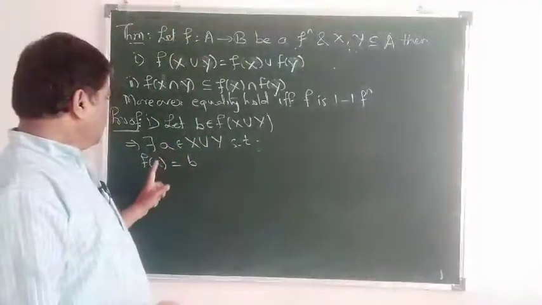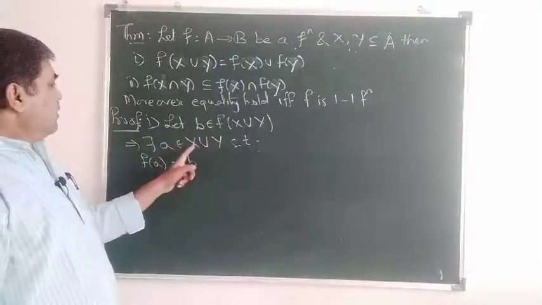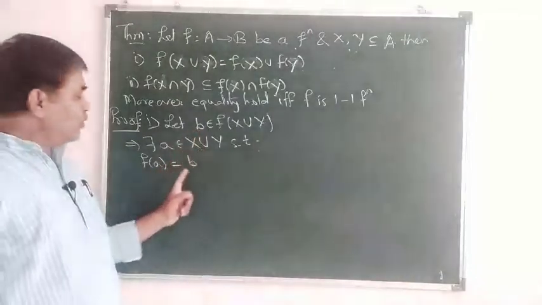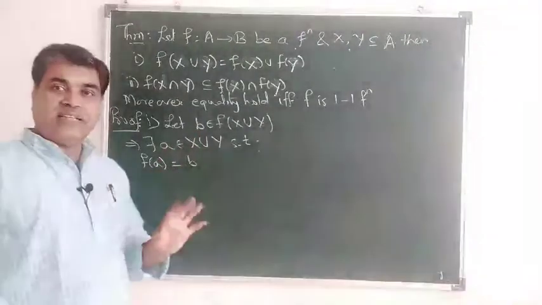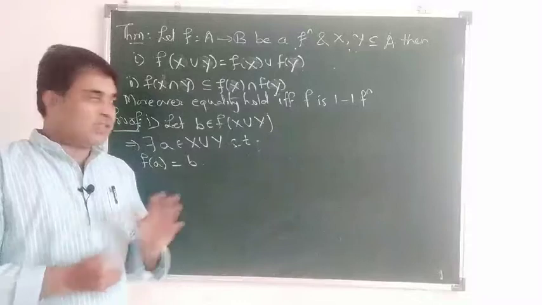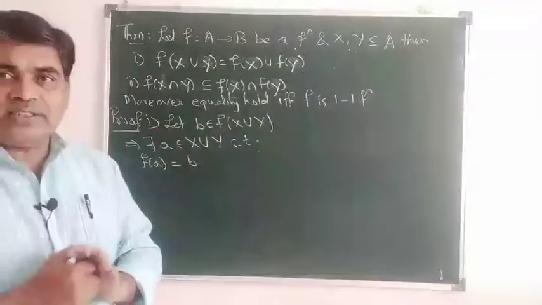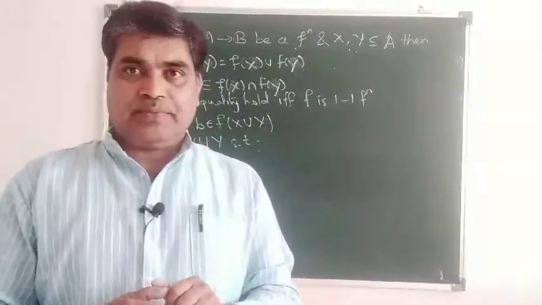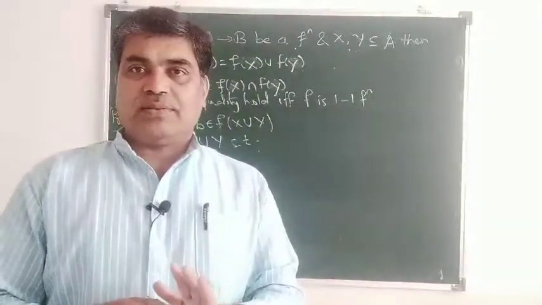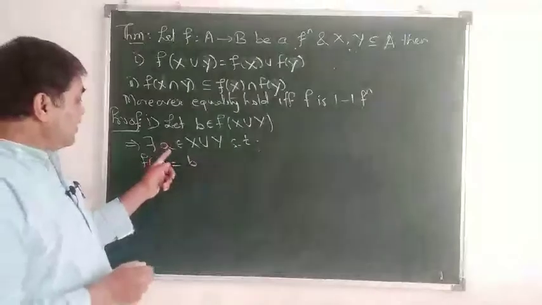That's why don't use the symbol F inverse B belongs to X union Y. That is the incorrect notation. F inverse B is a subset of X union Y. Remember this carefully. Students make mistakes in this step.